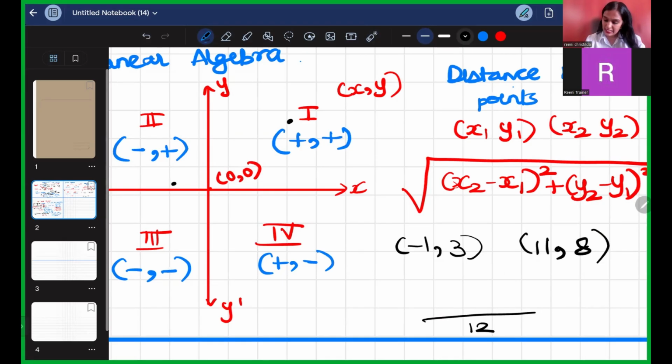And the vertical distance between these 2 points, this is the vertical distance. Difference in y-axis. So that will be, in this case, 8 minus 3, which is 5. So the distance is nothing but 13. So root over 12 square plus 5 square, that is 13. So this distance formula is nothing but the Pythagoras theorem.